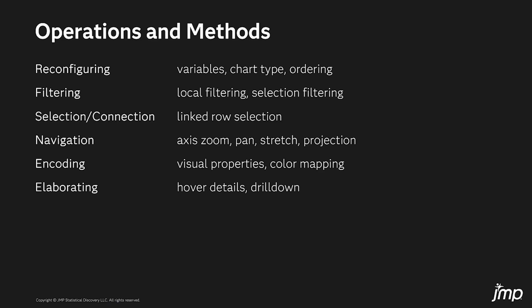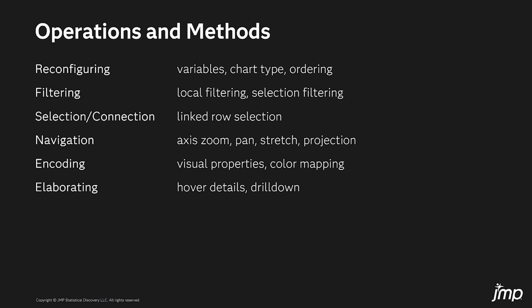Filtering is common, but I did want to show the two different implementations here, one with a dedicated filter that's attached to the graph, and another with a more general purpose filter where one graph itself acts as a filter to other graphs. So that's the local versus selection filtering.